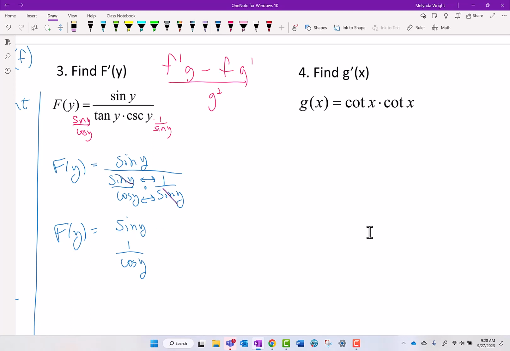We're still working on our rewrite because we found that it could save us a lot of work with trig. I don't really want that fraction there, so let's change this to sine over secant. Then we could do product rule.